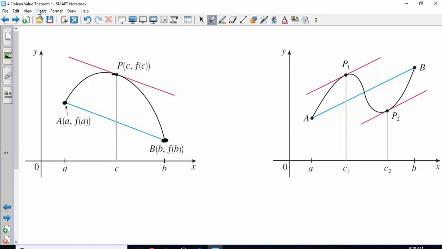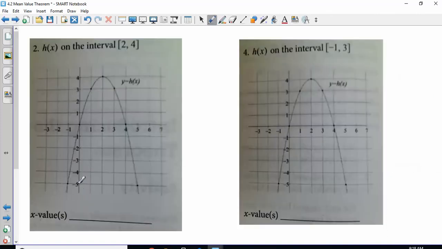So let's start with a graph first. And I apologize, I know these did not print very well. So here is our function. We're looking on the interval from 2 to 4. Okay, so if I wanted to find the slope of the endpoints, we could get an actual numerical measure for that.